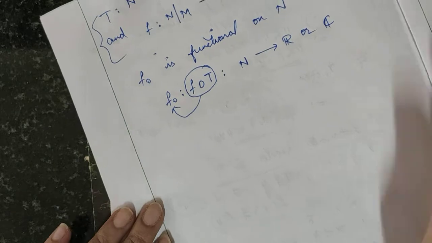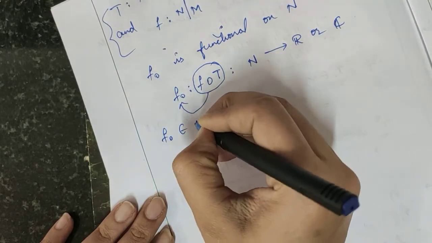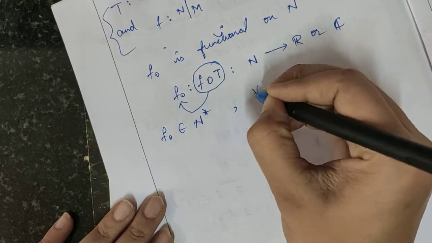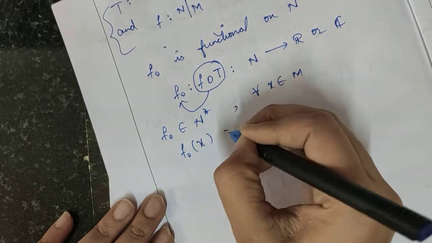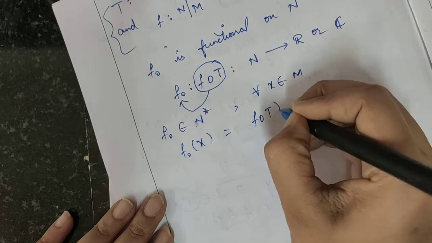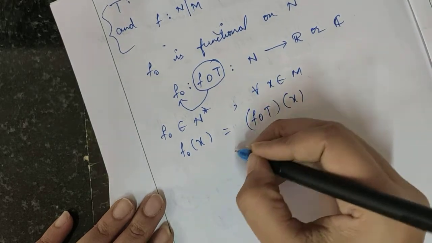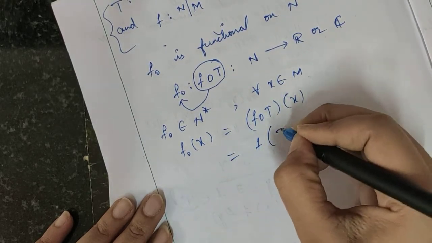So now f naught belongs to the conjugate space of N, and for all x belongs to M, f naught of x will be f composition T of x. This is nothing but f of T of x.